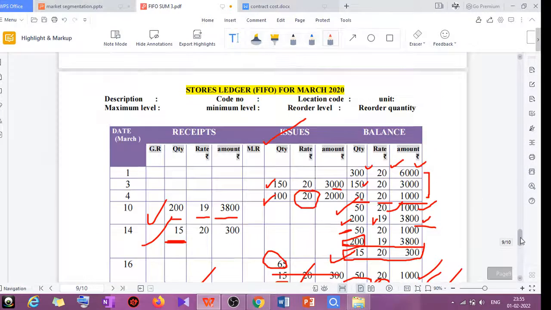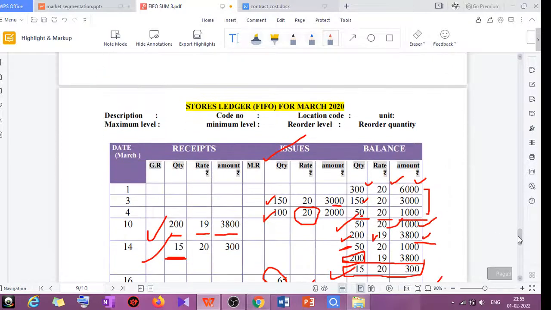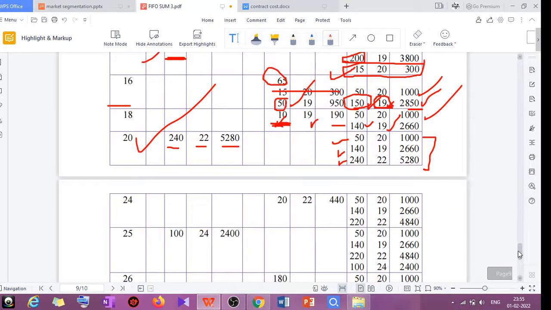Next, on 24th, return to supplier 20 units out of purchase of 20th March. Okay, what we did, we have returned it, return to supplier on 24th. On 24th we have returned how many units? 20 units which was purchased on 20th.